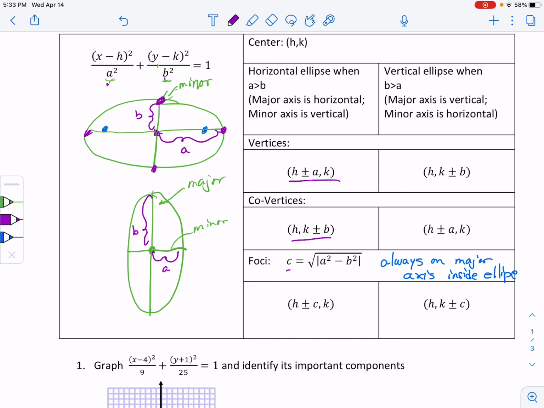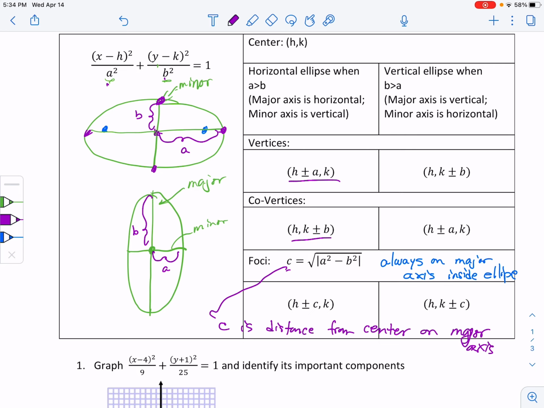So write that down. c is distance from center on major axis.